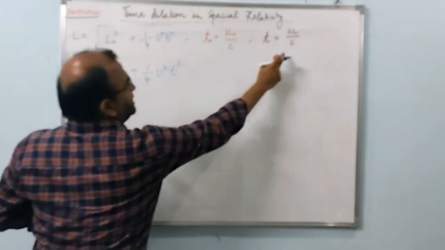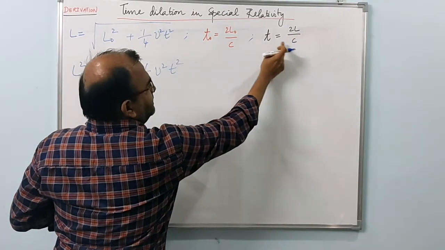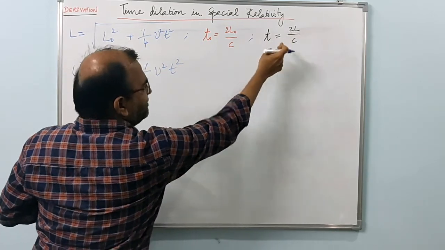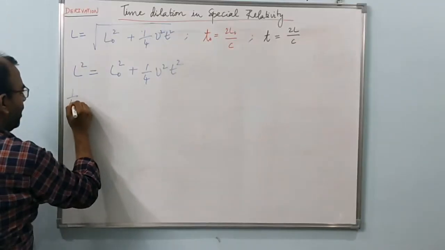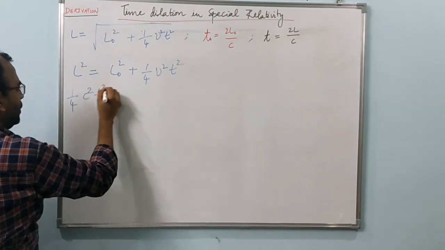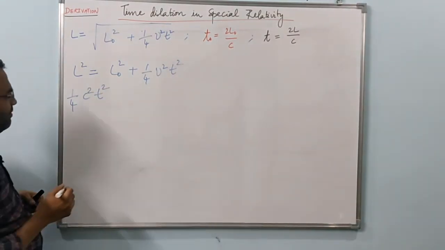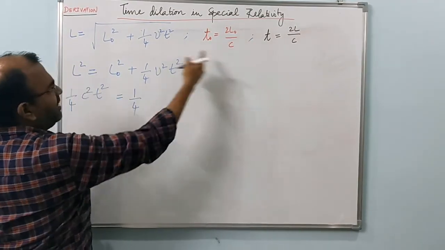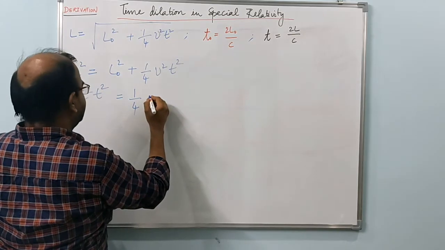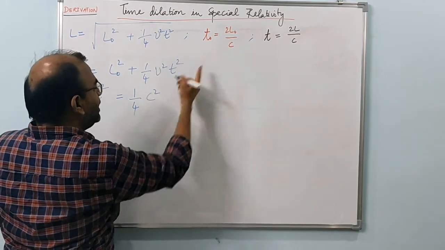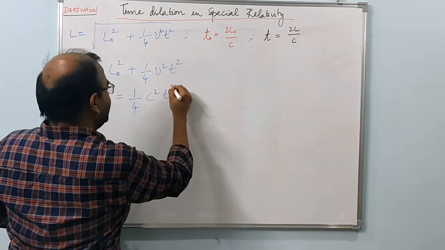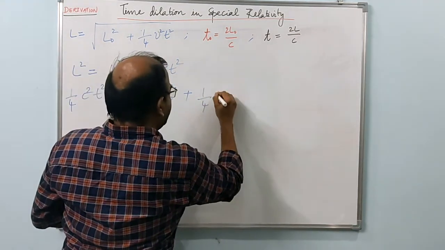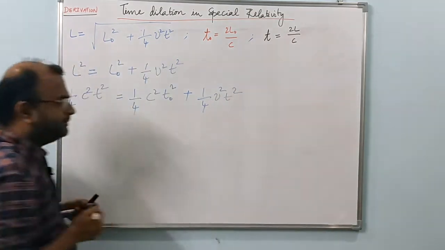Now from this expression we can say that L is half Ct, so L squared is 1/4 C squared T squared, and L naught squared is 1/4 of C squared T naught squared, plus you have another 1/4 of V squared T squared here.